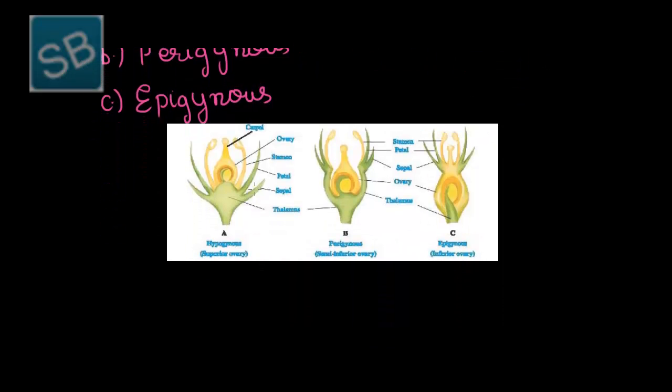As it can be seen from the figure, these three figures depict all three types. In hypogynous, the ovary is located superior or above the thalamus. In perigynous, the location of ovary and thalamus is same, and in epigynous, the ovary is located beneath the thalamus.